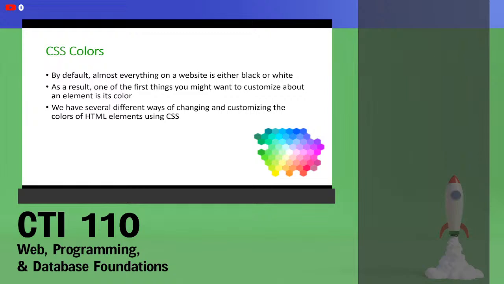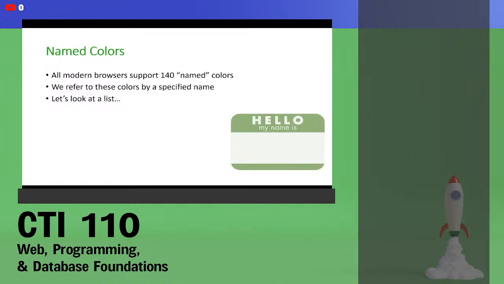But the first way, and probably the easiest way for us to do things, is by utilizing named colors. So all modern browsers, whether you're using Edge, Chrome, Firefox, or Safari, all modern browsers support 140 named colors. Now I want you to keep that number in mind, 140 colors, because that's going to be one of the big downfalls of this idea of named colors.